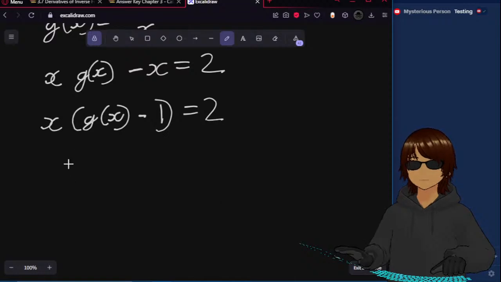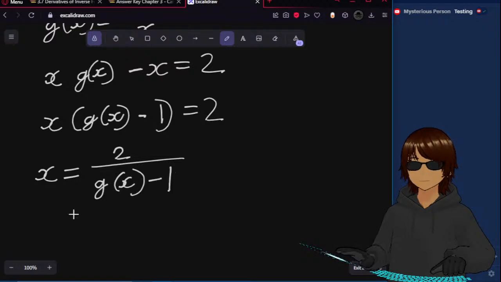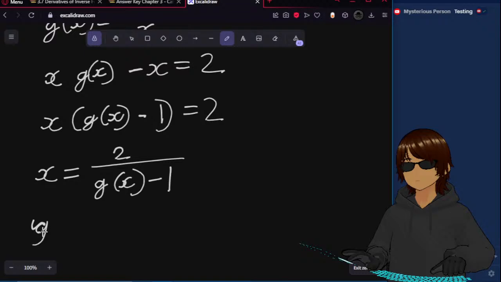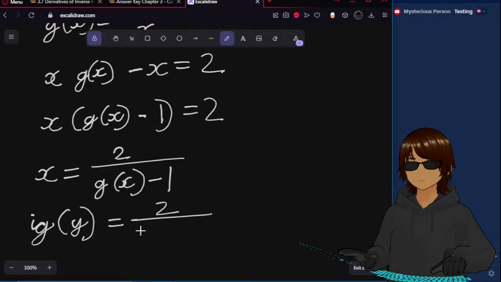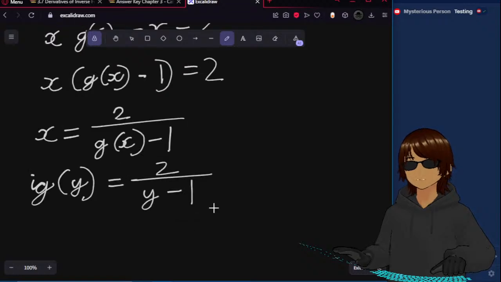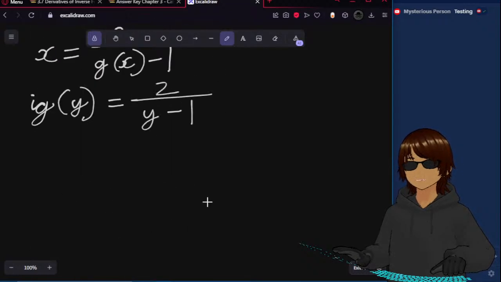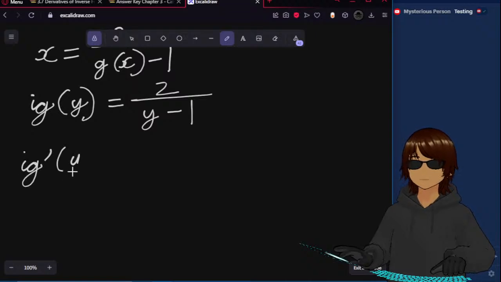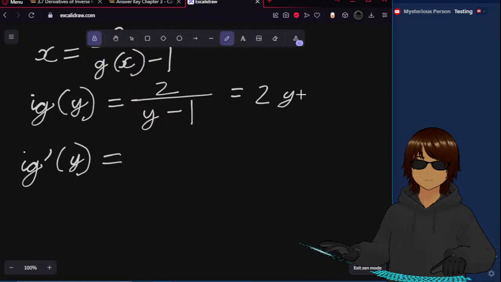And then, what? So then the inverse is like this. And then the derivative of the inverse, I will write it like this.